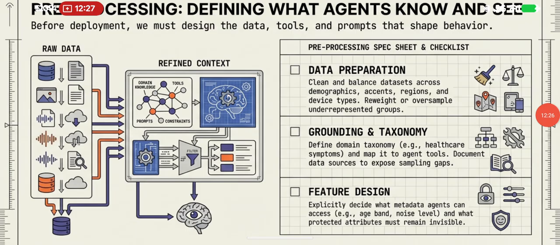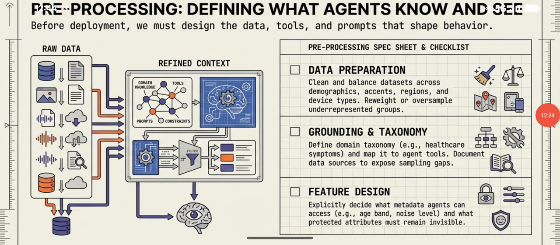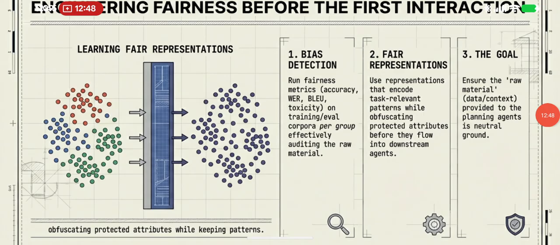So there are 3 steps. We do the data preparation, that is data cleaning. Then we do the grounding and taxonomy based on what domain it is, adding the words specific to that industry and domain. And then we do the feature design to take care of the demography and reduce the noise, right?